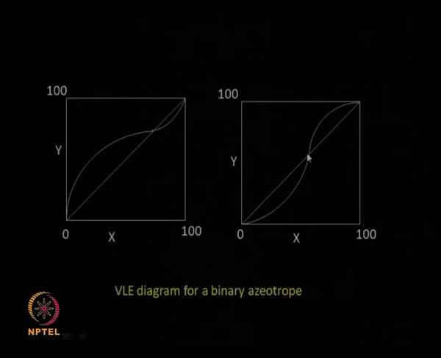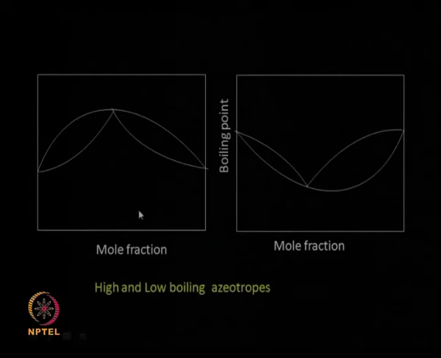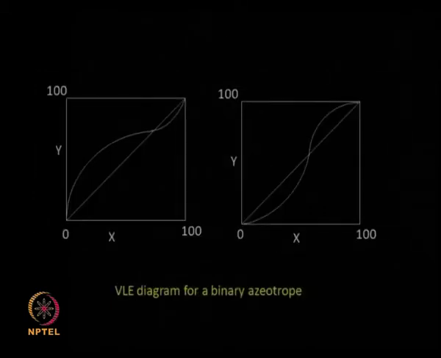Similarly here it will be x equal to y, so it is called a constant boiling azeotrope. So if you have the VLE diagram like this, or if you have the TXY diagram like this for a binary system, you can say they have an azeotrope, so they cannot be separated by normal methods at all.